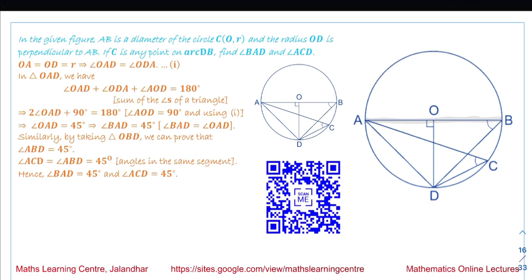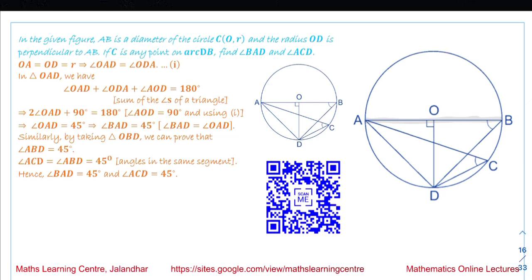So both these angles will be X. Now we are talking about the triangle OAD. In triangle OAD, we have X plus X plus 90 degrees equal to 180 degrees. So the value of 2x is 90 degrees. So the value of X is 45 degrees.